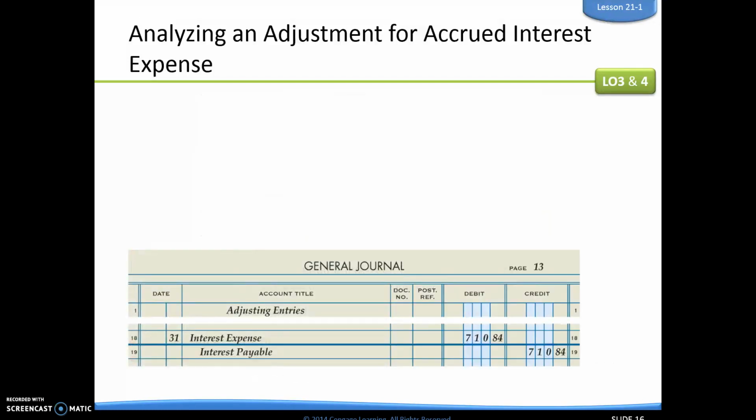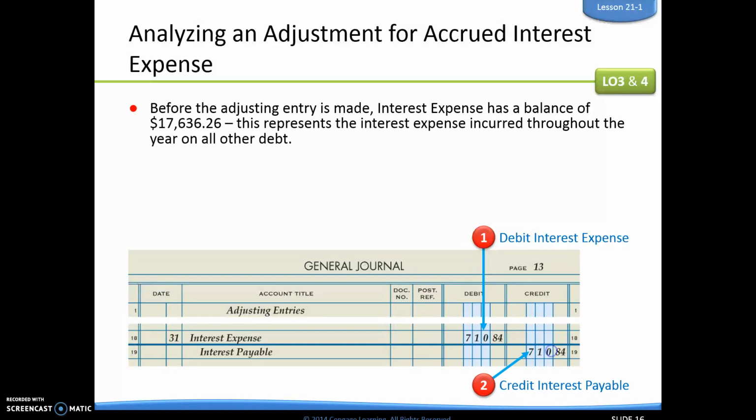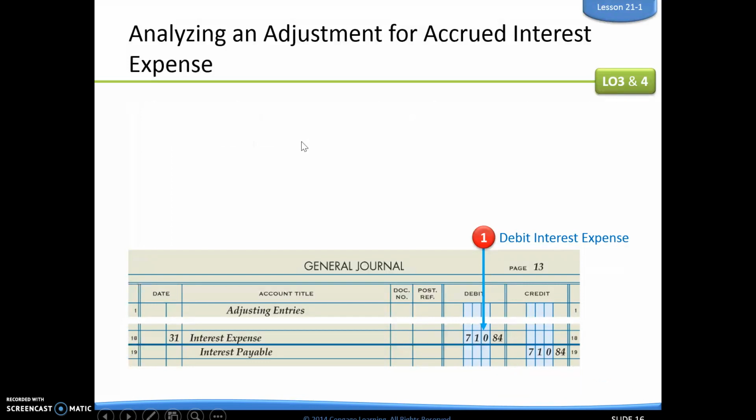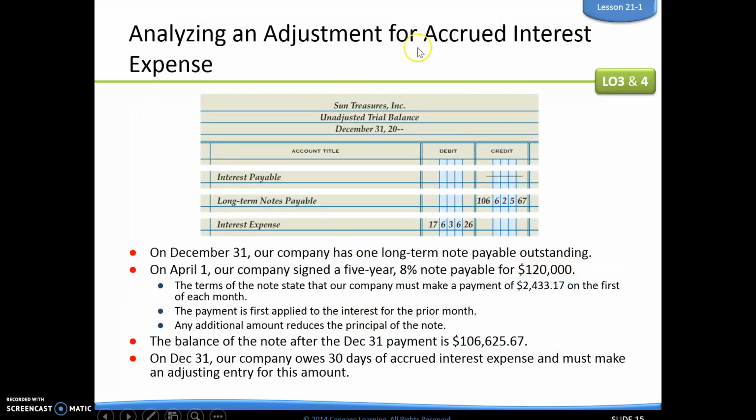We've done adjusting entries before. We know how to calculate those. Before, our interest expense had a balance of $17,636. You could see that back on the last slide. I can back that up. Here's our interest expense sitting at that amount.